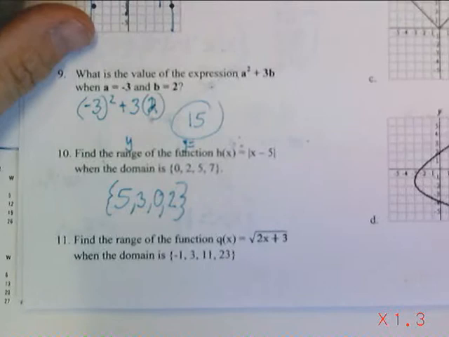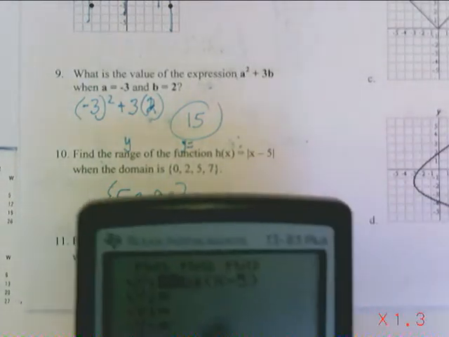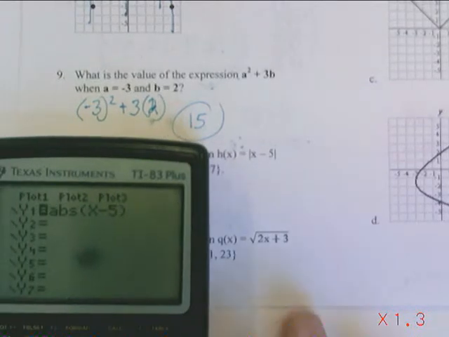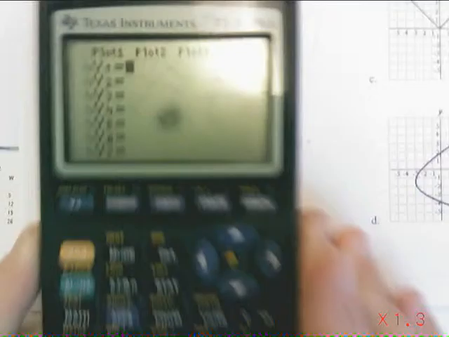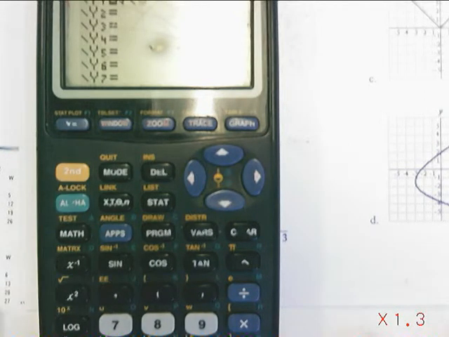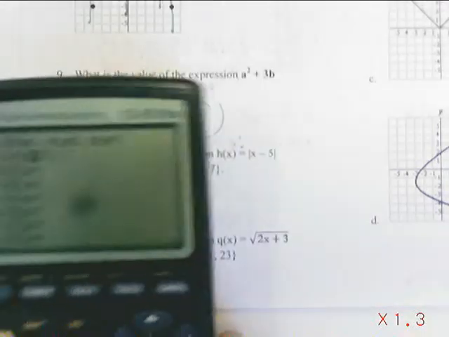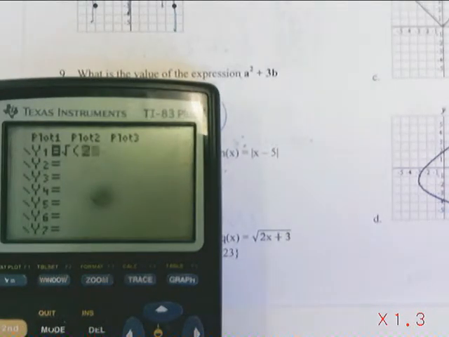All right, now q of x is the square root of 2x plus 3. So I'd go back to my calculator. Square root. We've done this a couple times. Second and x squared. So second and then here. And then you find the range of this function.